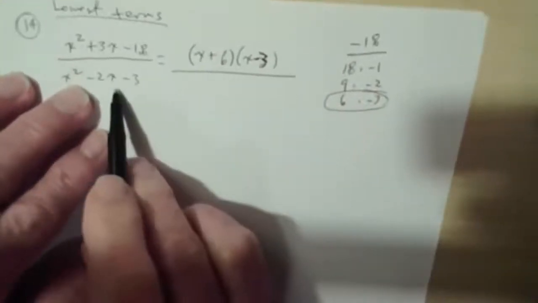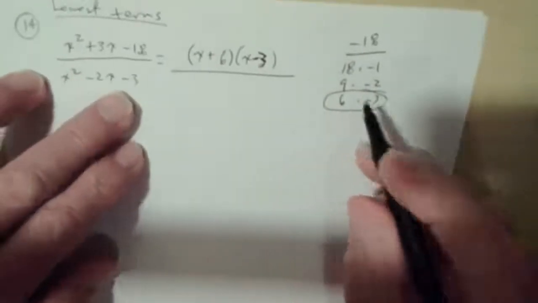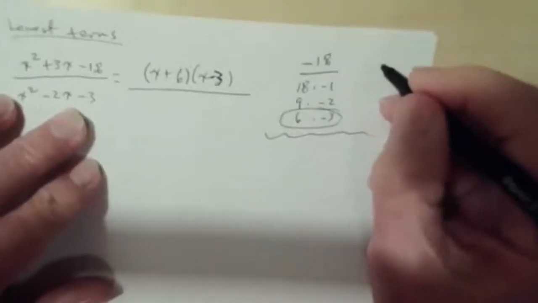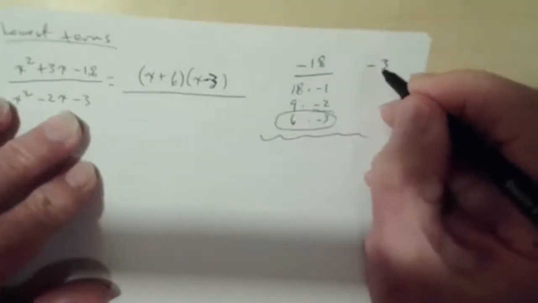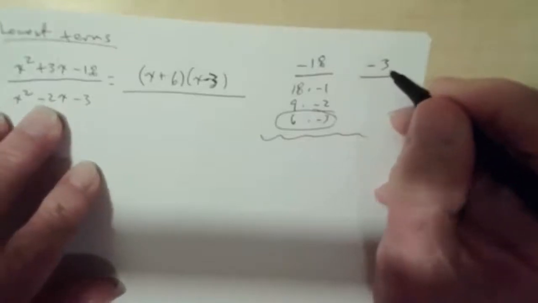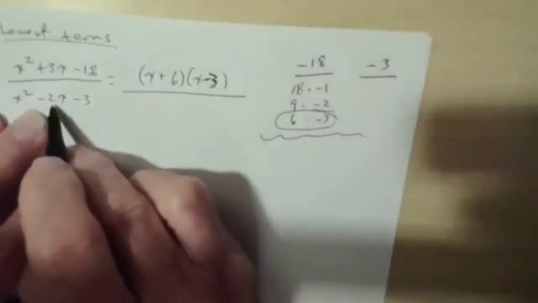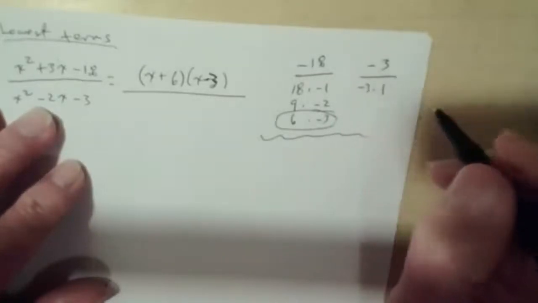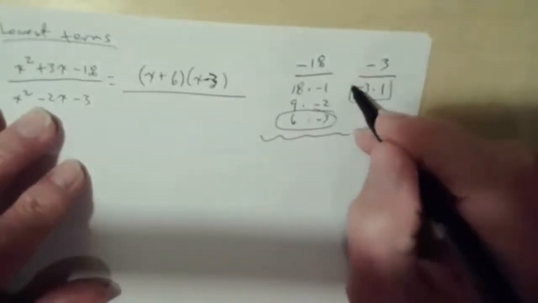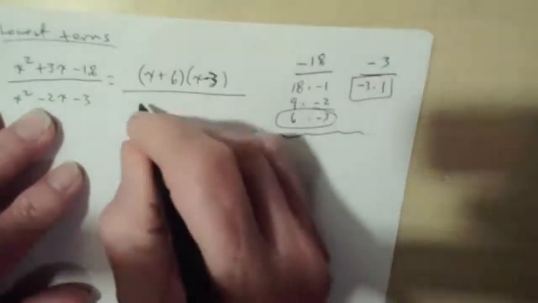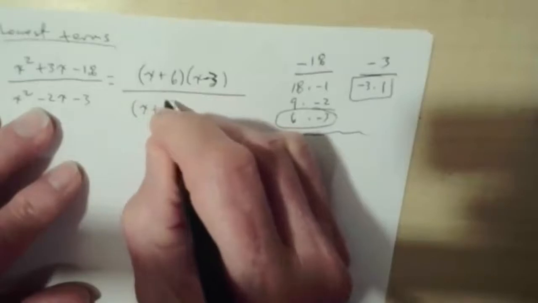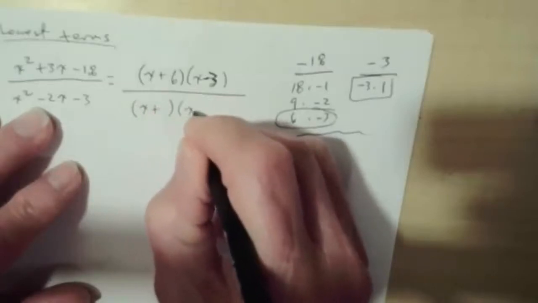What are the factors of negative 3 that combine together to give us negative 2? Okay, since this is negative, we're going to make negative 3 times 1. That's it there, isn't it? So again, we have x plus something and x minus something.